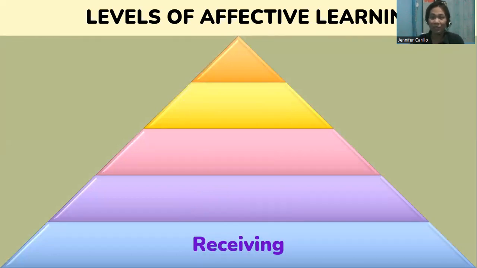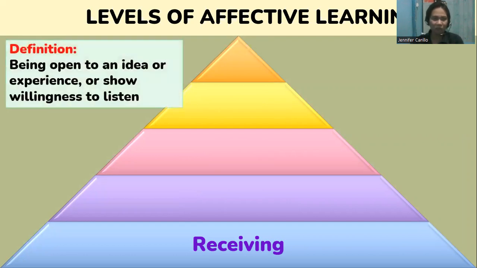From the word receive or accept. The definition: it is being open to an idea or experience, or showing willingness to listen. This is the important part. We need to develop the student's skill of receiving, accepting knowledge, being open.